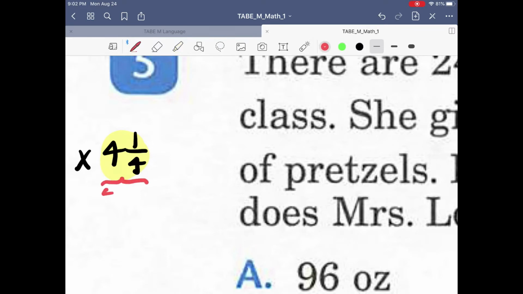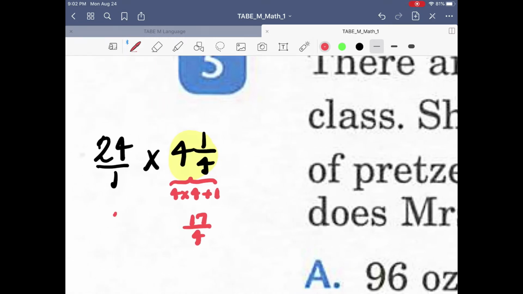So 4 4s are 16, plus 1 is 17, and we keep that denominator of a 4. So 24 over 1 times 17 over 4. And I can do some canceling right there by saying 4 into 4 is 1, and 4 into 24 is 6.